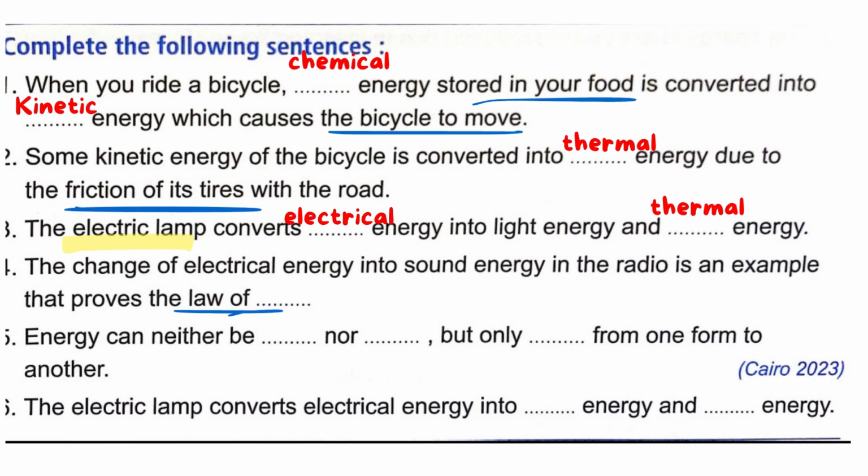Another question. The change of electrical energy into sound energy in the radio is an example that proves the law of, here electrical energy changes into sound energy. So this is the law of conservation, as the energy is converted from one form to another and it can't be destroyed or created.